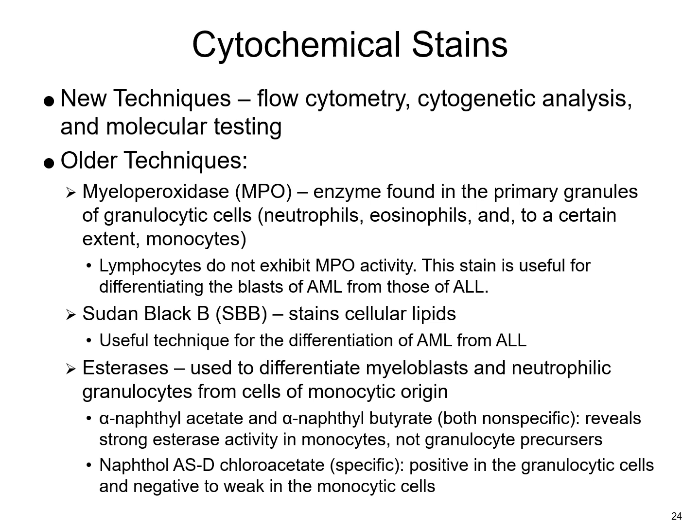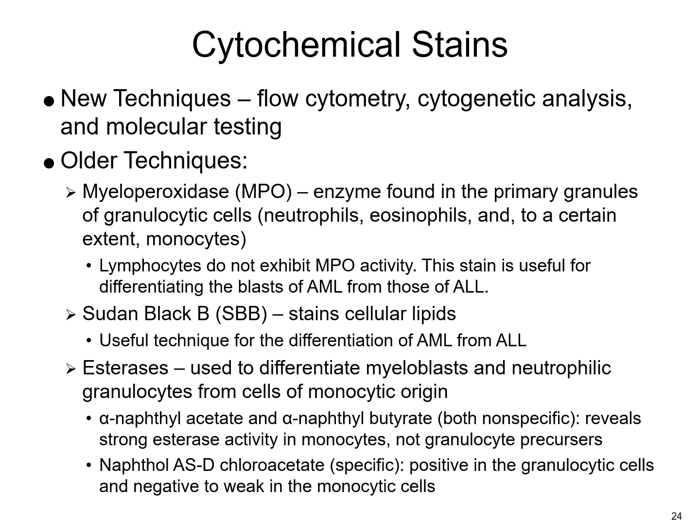The Sudan Black B stains actually stain cellular lipids, and you're going to use these stains to also help differentiate AML from ALL, because it has to do with those granules being present. So you're going to see your myeloid stem cell lineage retain that stain. And your esterase stains are going to differentiate your myeloblasts and your granulocytic lineage from your monocytes.